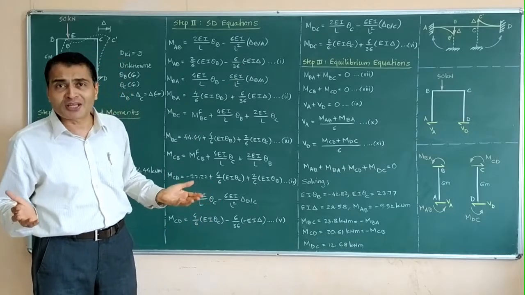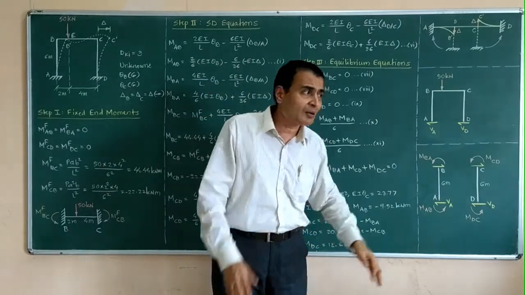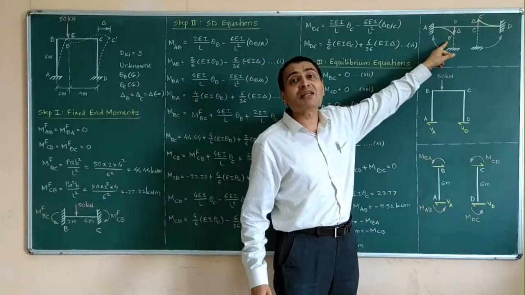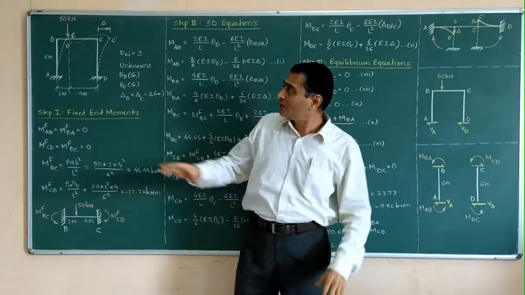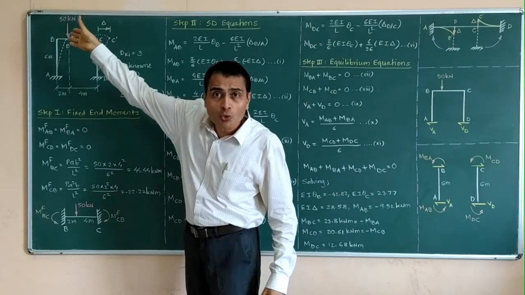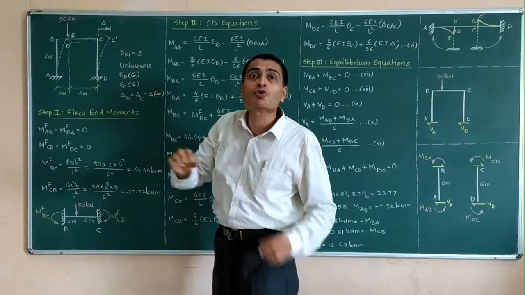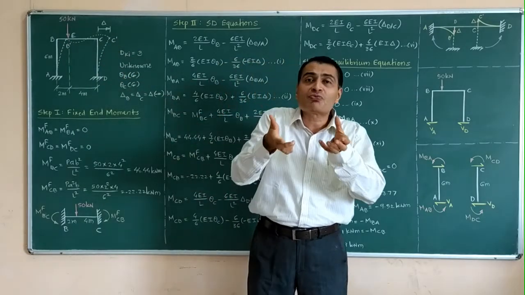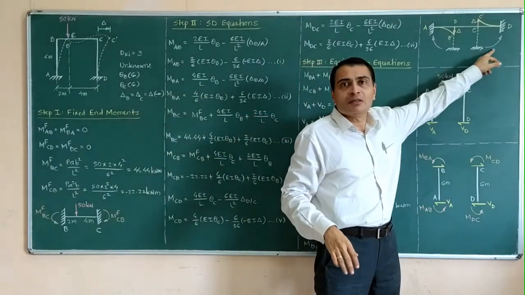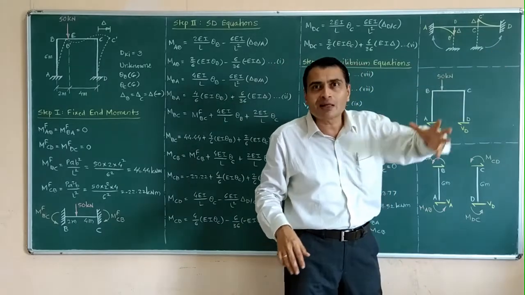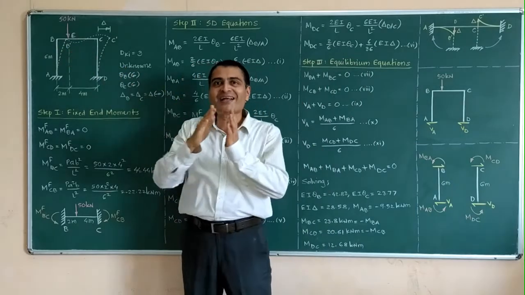What is the reason for this negative delta? In the last lecture, in the last problem, we discussed this, but I have shown the same diagram here just to make it clear again. This is your frame. If I rotate column AB clockwise about B, and if I rotate column CD anticlockwise about C, and if I turn this frame into a continuous beam, so that rotation I have shown here in imagination, or momentarily, then you observe that here B is going rightwards.